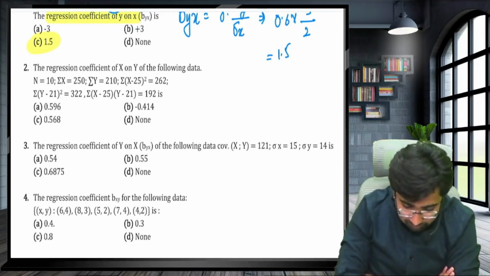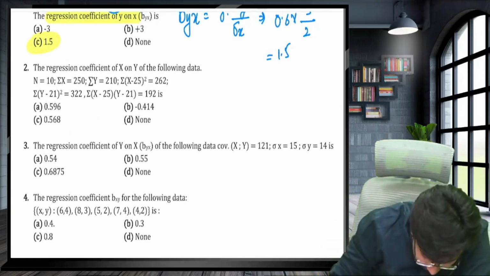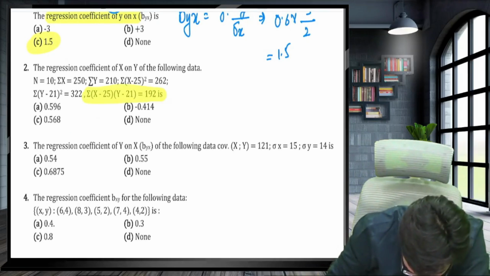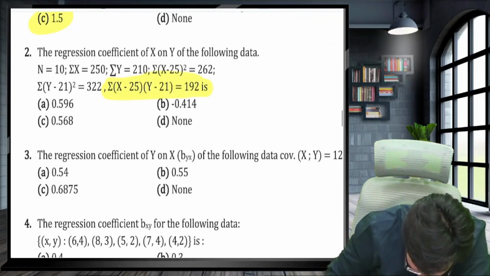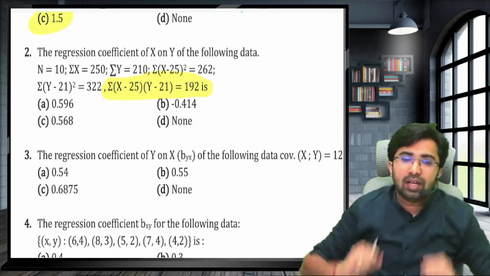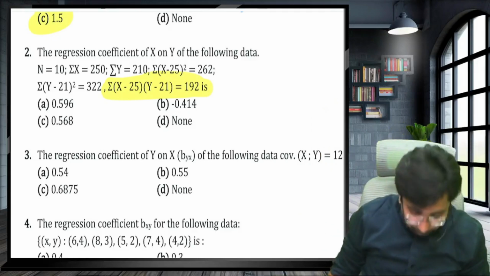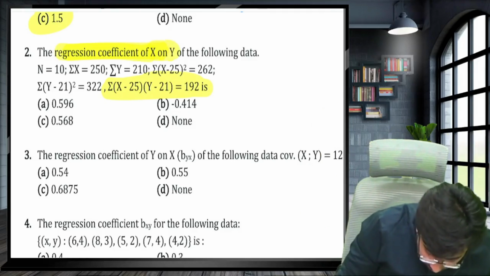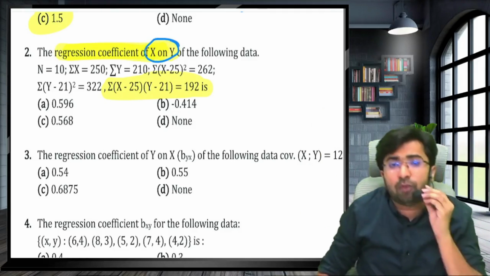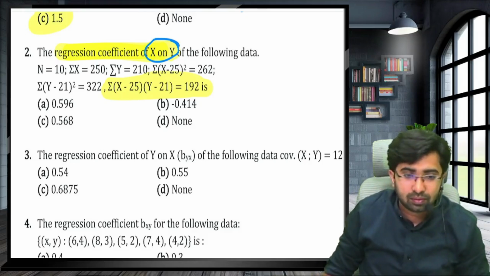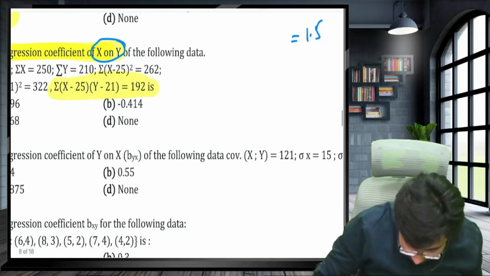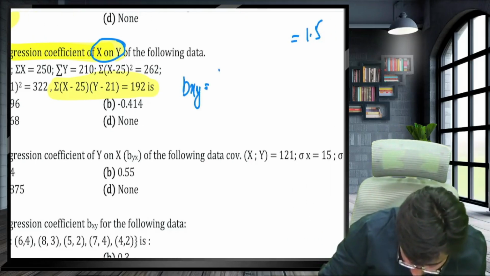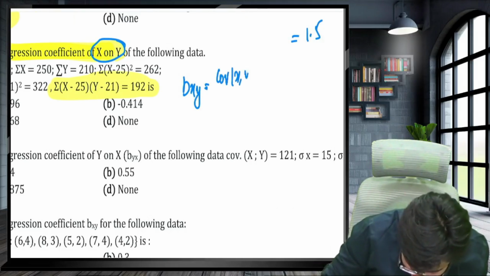The way they have given you the information, guys, this will inspire you for what? Correct. Now solve it. Sir, they are demanding the regression coefficient x on y. Guys, which formula to apply for x on y? Third one. Sir, bx on y is equal to covariance between x and y divided by standard deviation of y whole square.